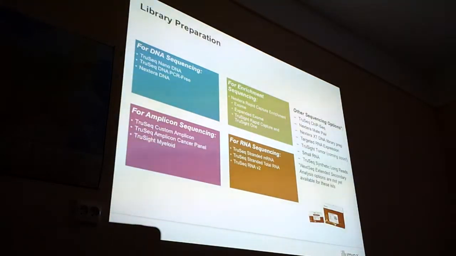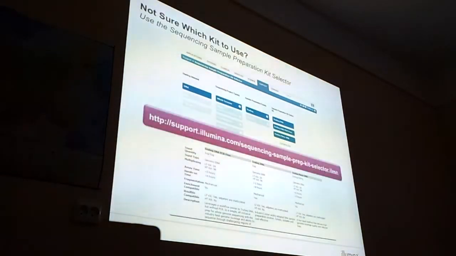And then, of course, we have all these different kits for library preparation. This is not new, yeah. So, of course, the libraries are exactly the same as for other systems. Which kits to use?